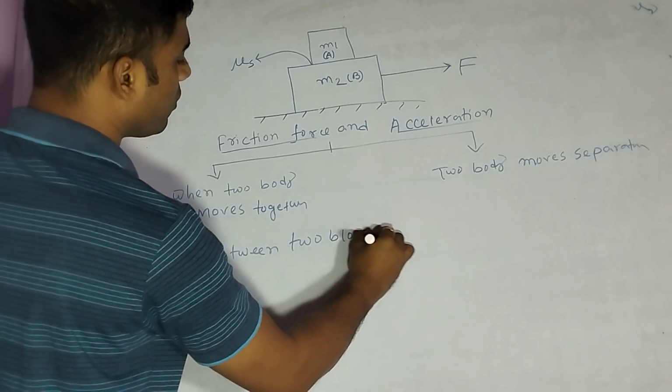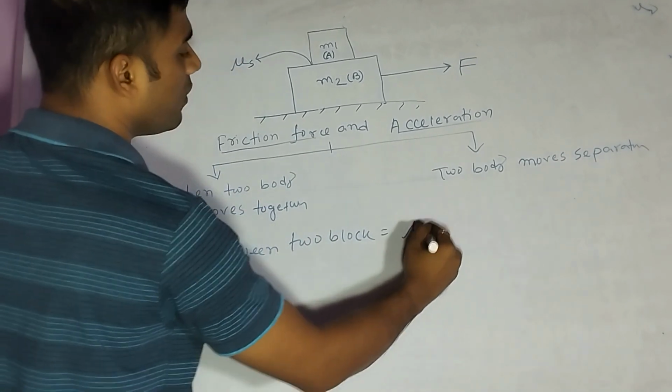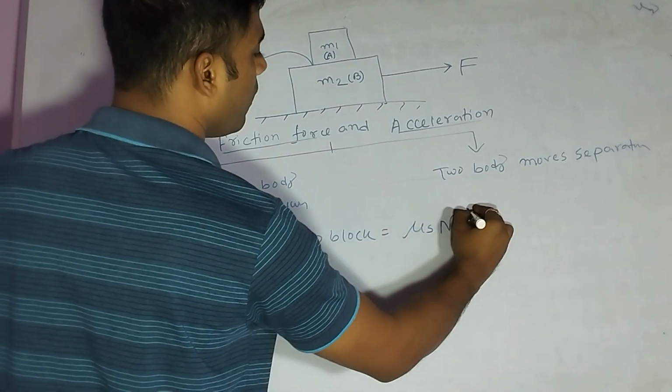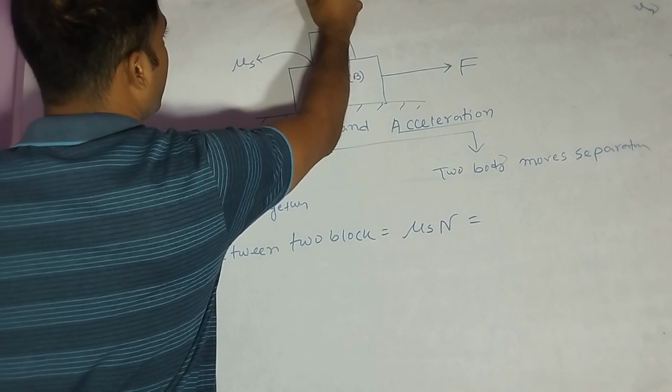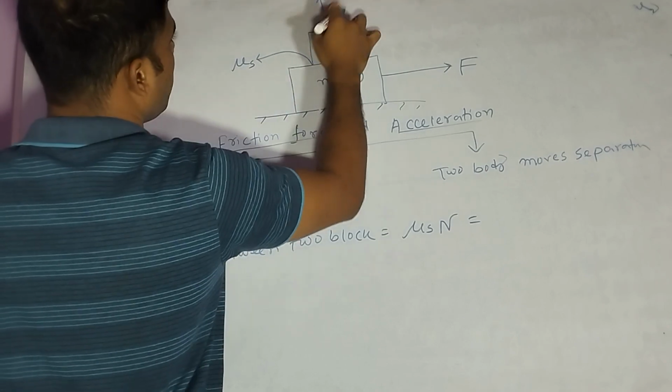What is the maximum force equation? Mu s into N. What is N? N means the normal reaction on the first block.